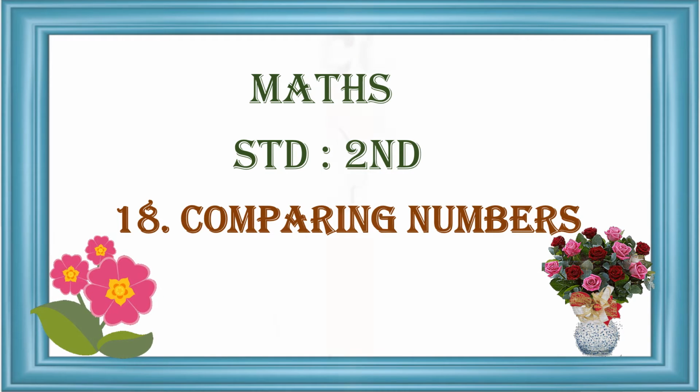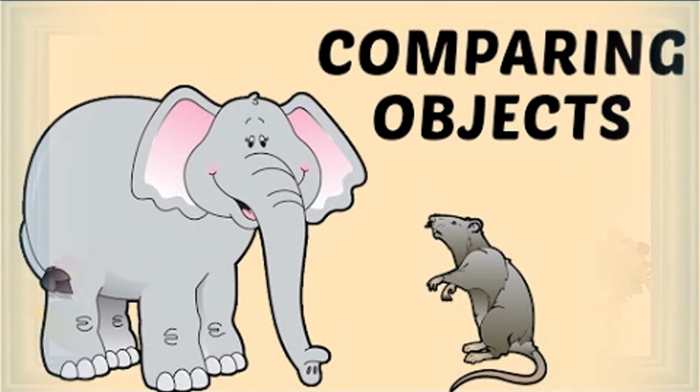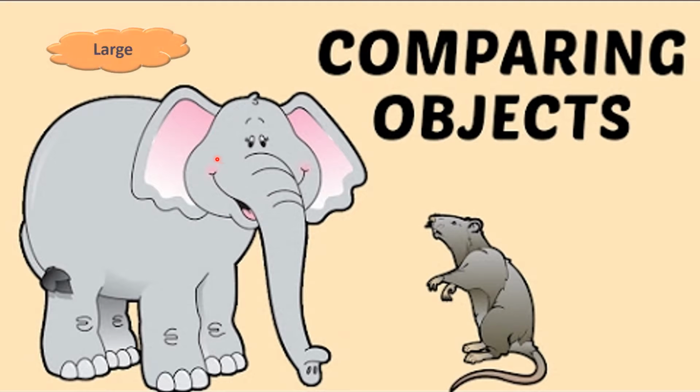See dear children, here comparing objects. You can see two animals. Here this animal is an elephant, which is a huge animal, or we can say a large animal, right?